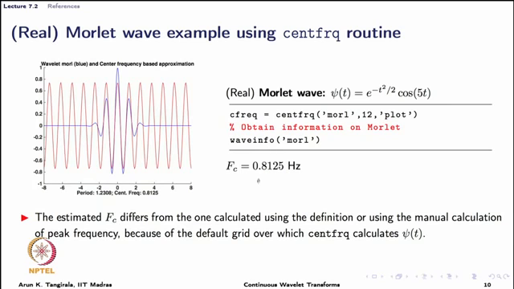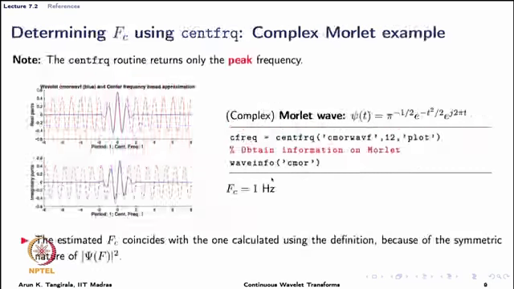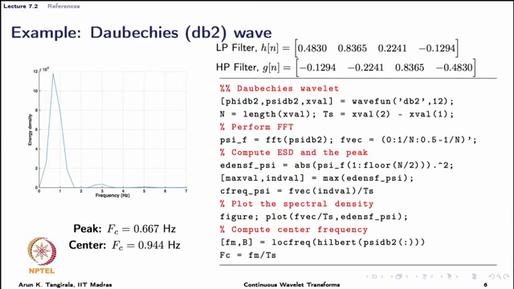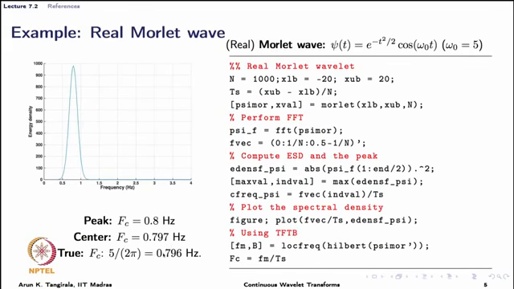What is of interest to us is the estimate of the center frequency that this returns. It is 0.8125 hertz, and this is different from what we had computed. If you recall, for the real Morlet wave, the true center frequency is 0.796, you can say more or less 0.8 hertz, which is correctly calculated by the LOCFREQ.